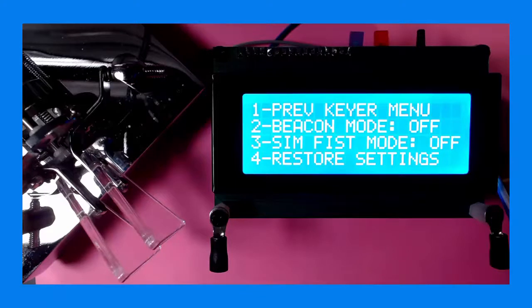3 is to simulate the fist mode. We might want to make our sending sound more natural, like it's being sent by a human being instead of mechanically being sent by a computer. What it does is it randomly changes the spacing by a few milliseconds between characters.